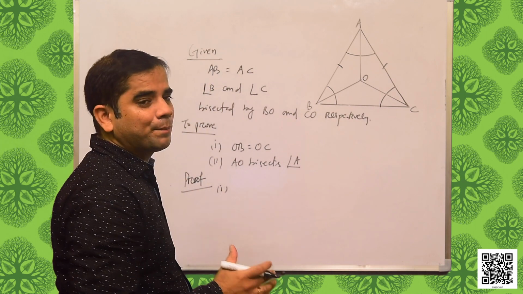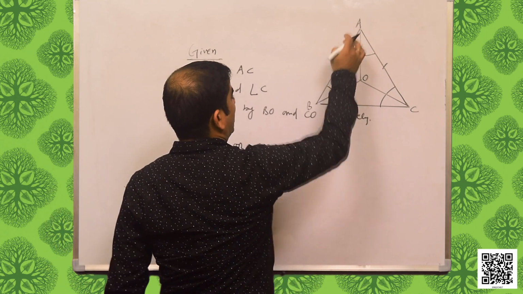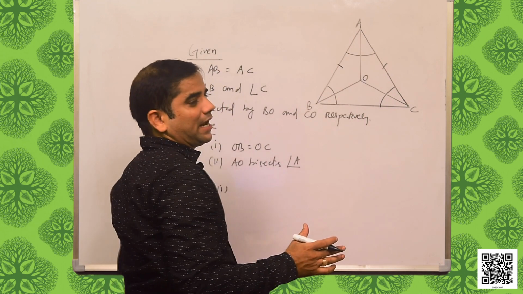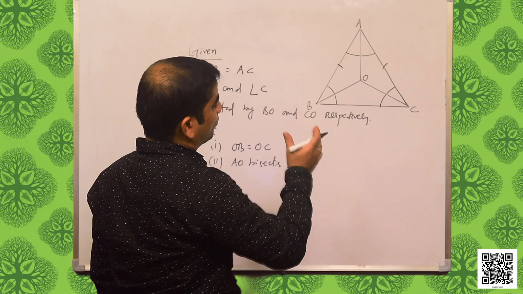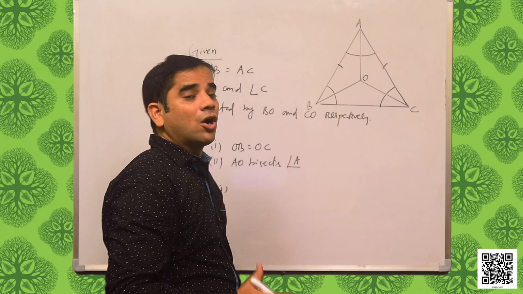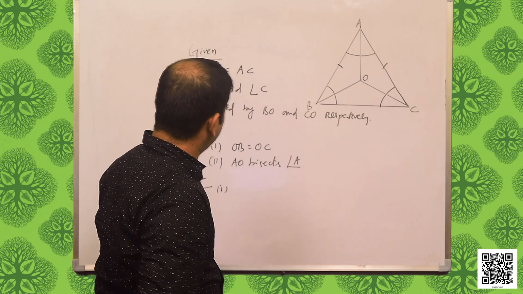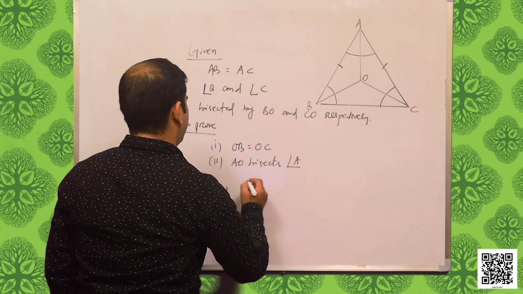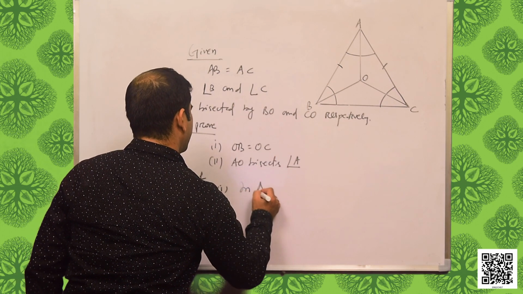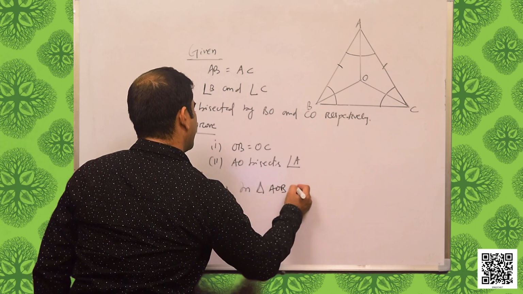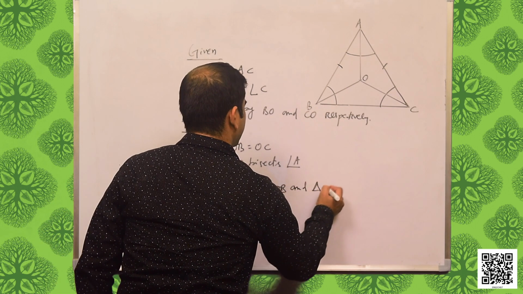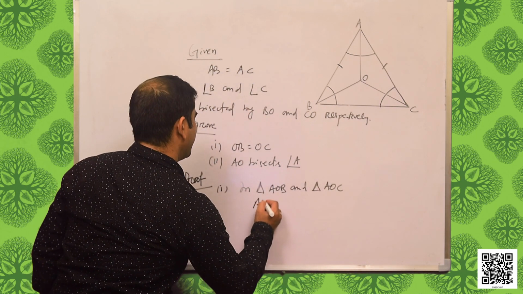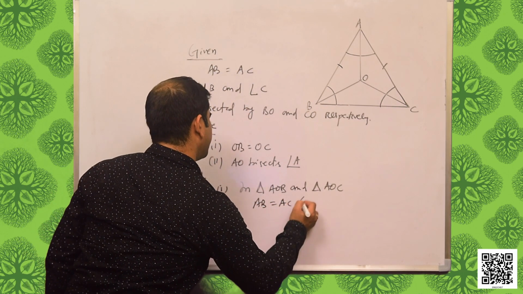So, if we can prove that triangle AOB is congruent to triangle AOC, then we can conclude that OB is equal to OC as their corresponding sides. So, let us concentrate on triangle AOB and triangle AOC. AB is equal to AC, it is given.